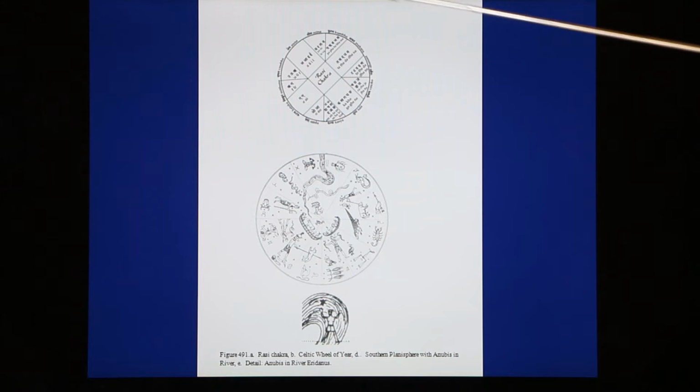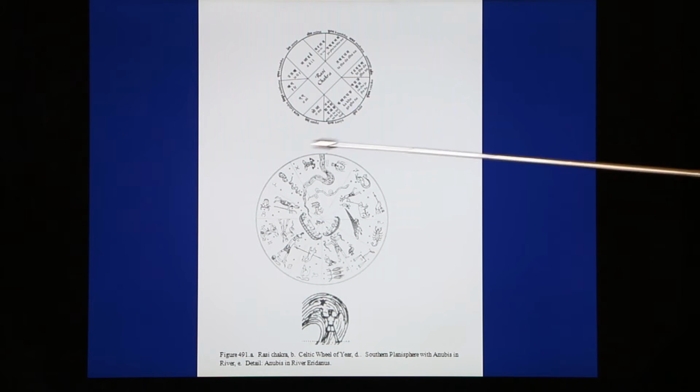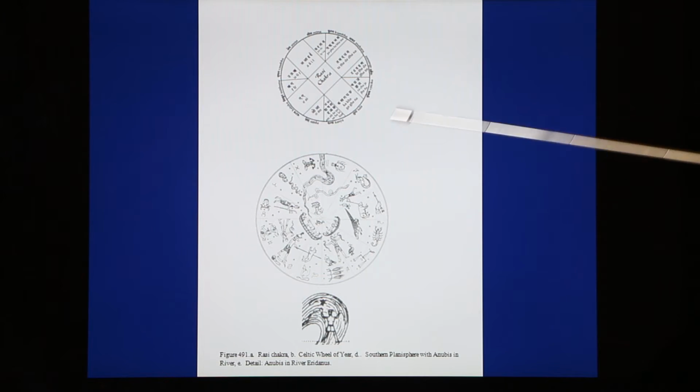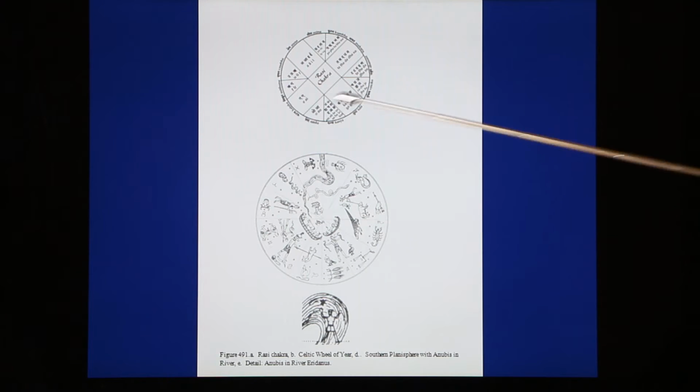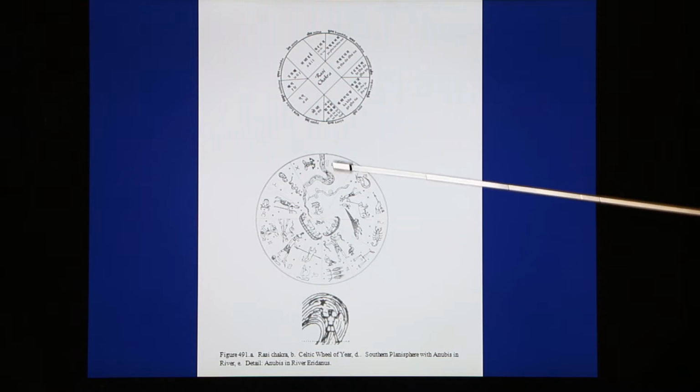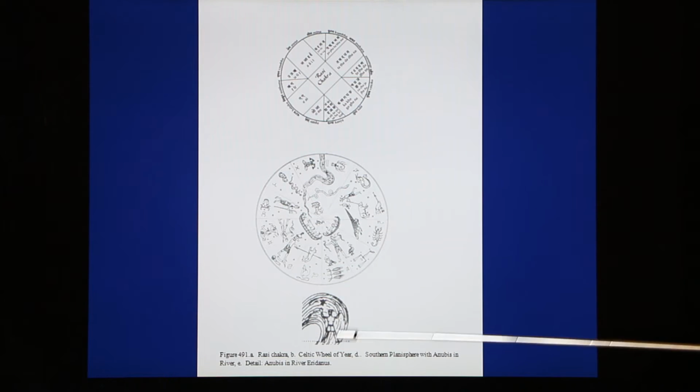And then we have here your chakras again, the rasis in the Indian system linked with the vowels. Here we see an Egyptian version, and then there is a man. Here you see the river, and in that river stands a man, namely Anubis in the river Eridanus.